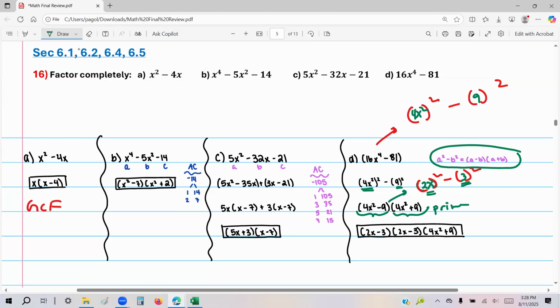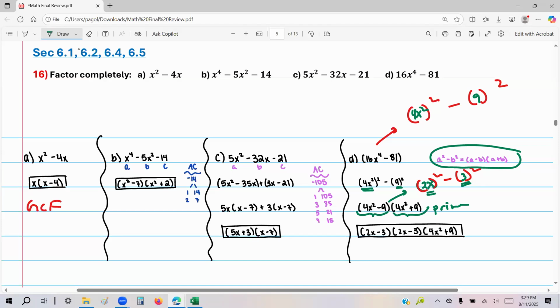Now for three terms, there are so many things. Direct factorable, trial and error, or AC method. There are three things for three terms. And plus GCF, if you can factor out any GCF. So first of all, they have no GCF, so we're not worried about that. This one is directly factorable.